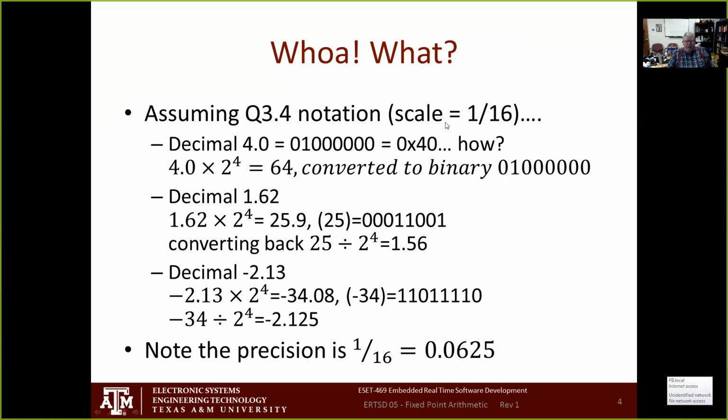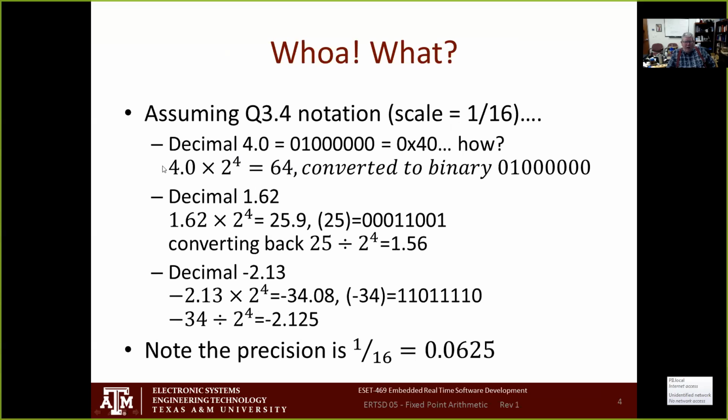Let's say I wanted to represent the decimal value 4.0. So 4.0 in Q 3.4 is going to be that binary number, our 40 hex. So how does that happen? What we do is that we've got this scale factor that we've just created. So in this case, Q4, there's the 4, right? That implies our scale factor, which is 16.